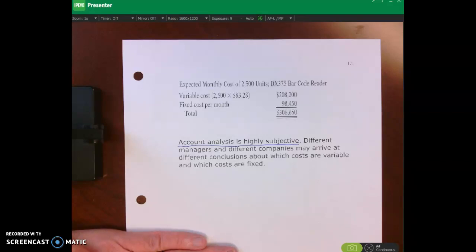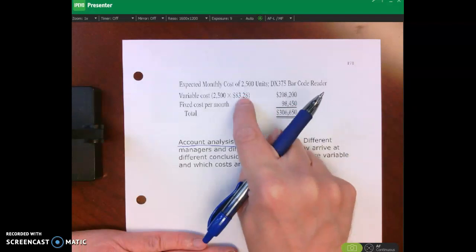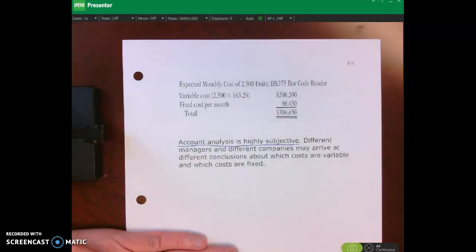We said, well, all right, we think that it's half and half. What if we're wrong? It distorts this number and it distorts this number. So it's subjective. You could have different managers say, well, I don't think it's 50-50. I think it's 60-40 on utilities. Okay. So it's subjective, and it's not perfect. But it's used a lot because it's easy to do.